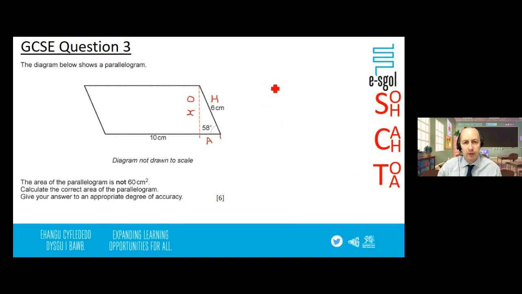So I'm going to try and find that. So O is certainly part of what I need, and I'm given a hypotenuse. So I'm going to be using a sine function on my calculator. So sine of the angle, which is 58, is equal to O over H. So O is x, over H, which is 6. So this is like one of the first questions we did earlier.